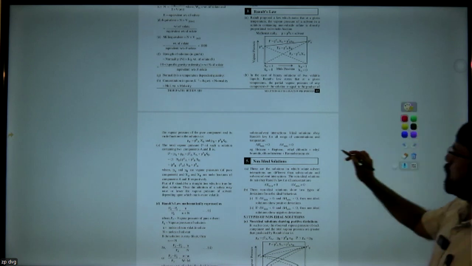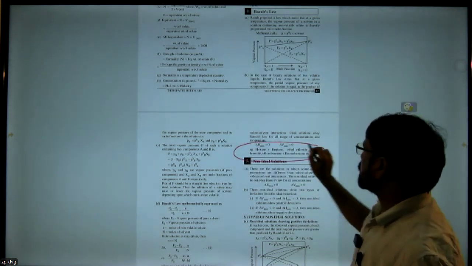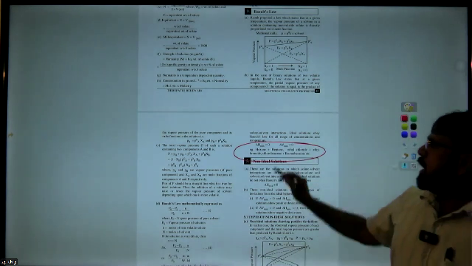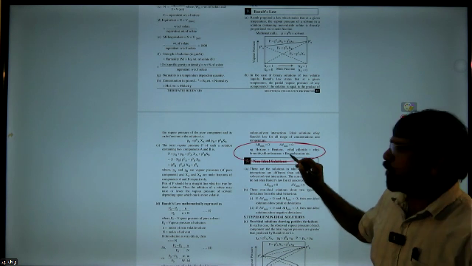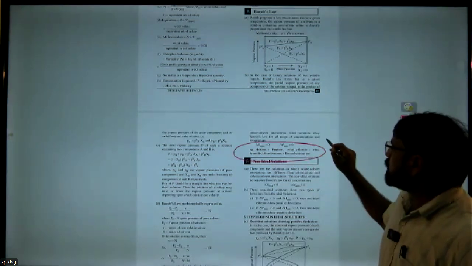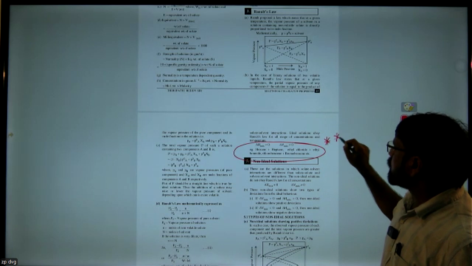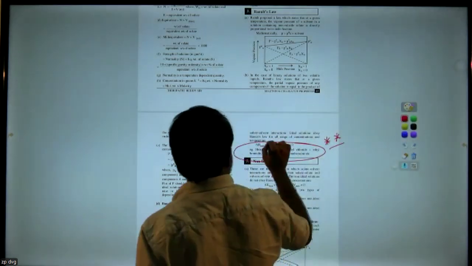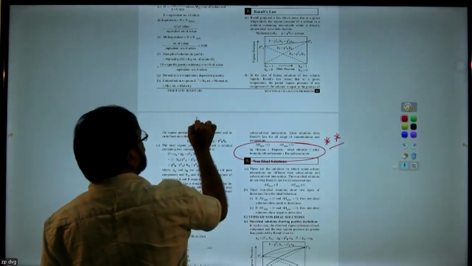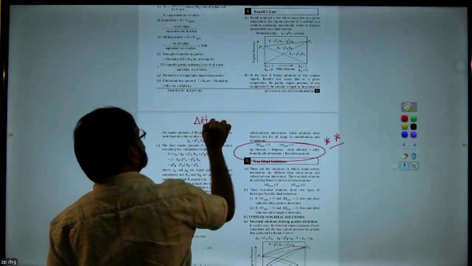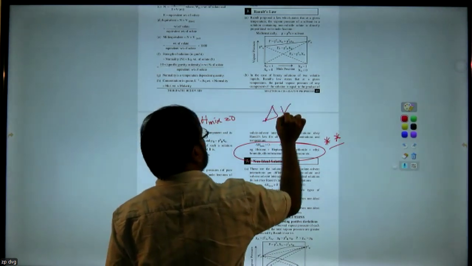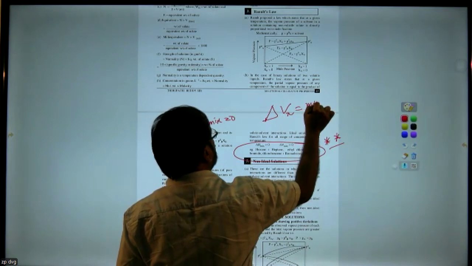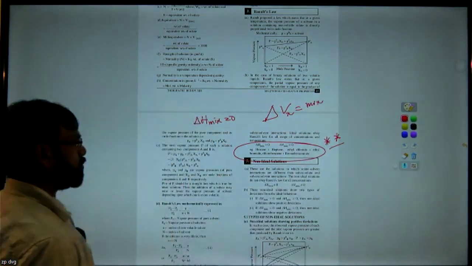Examples of ideal solutions are hexane plus heptane, ethyl chloride plus ethyl bromide, and chlorobenzene plus bromobenzene. In case of an ideal solution, the enthalpy of mixing delta H mix is equal to 0 and delta V mix is also equal to 0.